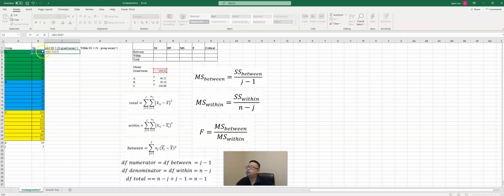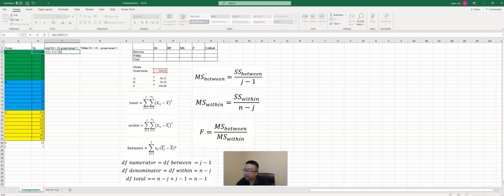So B2 is the number or score X that will be unchanged as a variability. So if I drag it down, the B2 will be B3, B4, B5 like that. But you want to fix the address. So this is the grand mean, and you need to subtract the grand mean of each cases. So it means that you want to fix that address.